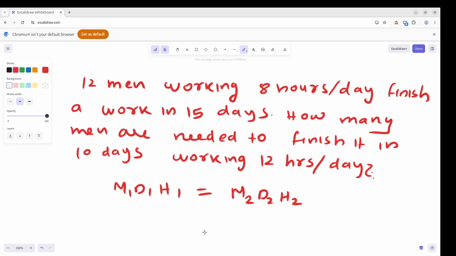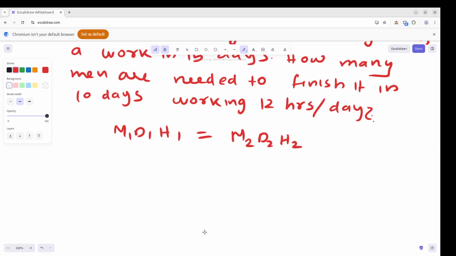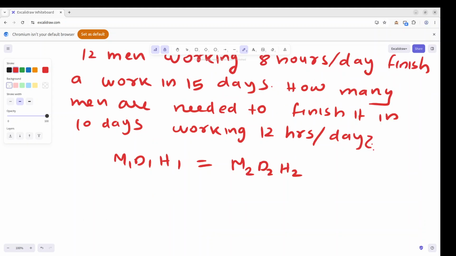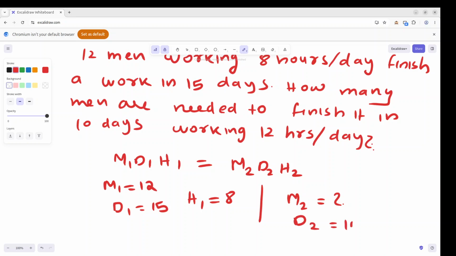Here we have men, hours, days, right? So M1 equals 12, D1 equals 15, H1 equals 8, M2 equals what we need to find, D2 equals 10, H2 equals 12.